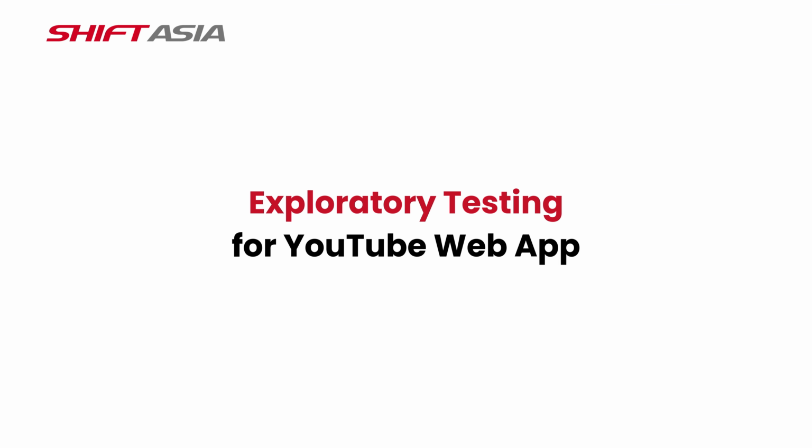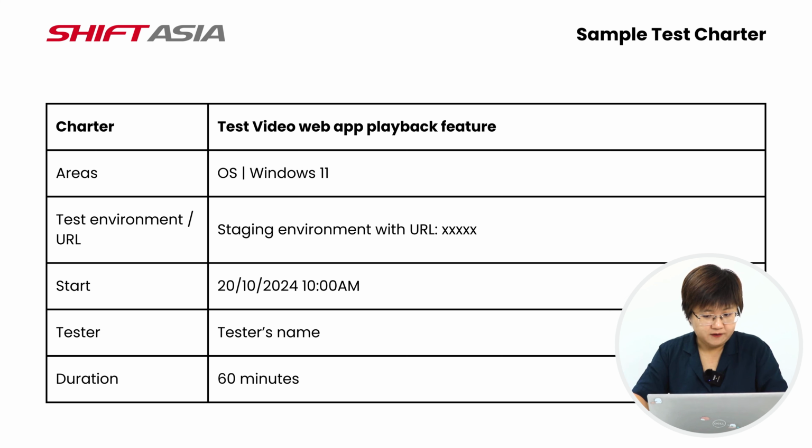Now for the same YouTube app, let's try the exploratory testing method. First, you need to create a test charter. As an example of a test charter here, you have the first couple of lines: which feature to test. We will pick the video playback feature here.